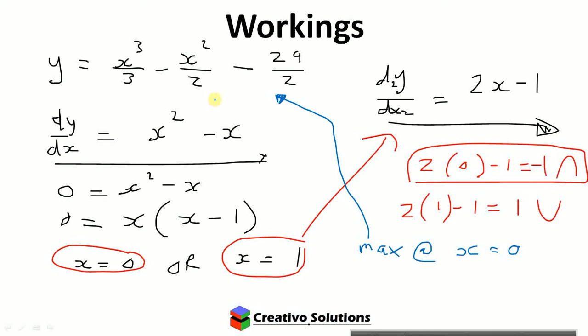Obviously it's easy, 0 falls away, 0 falls away, you're left with the constant. So the y would equal 0 plus 0 minus 29 over 2. So the max is at brackets 0 and minus 29 over 2. That's where the maximum is.